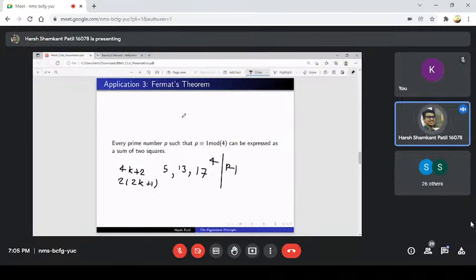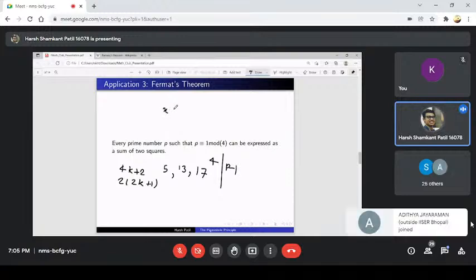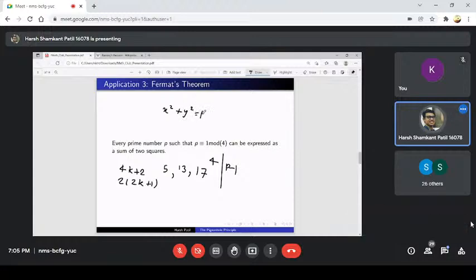So a prime is either congruent to 1 modulo 4 or 3 modulo 4. So we are saying that every prime which is congruent to 1 modulo 4 can be expressed as a sum of two squares. That means that there exist x and y such that x squared plus y squared is equal to p.